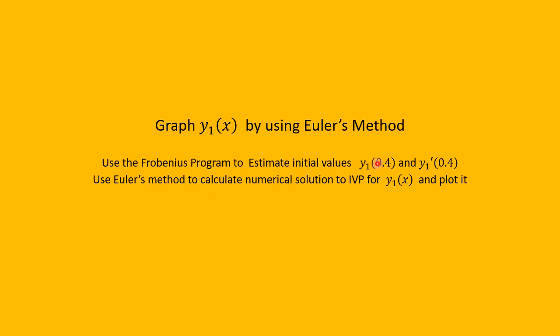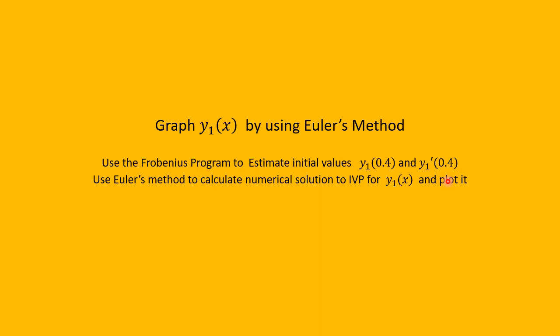Once we have these estimates, we'll consider them initial conditions for an initial value problem. So then we will use Euler's method to calculate the numerical solution to that initial value problem for y sub 1 of x, and we'll plot that numerical solution that we got from Euler's method.